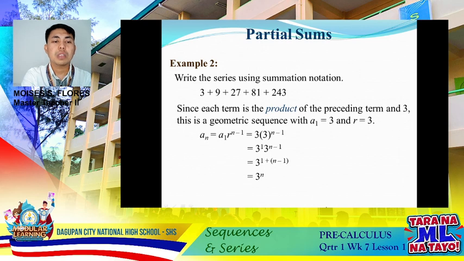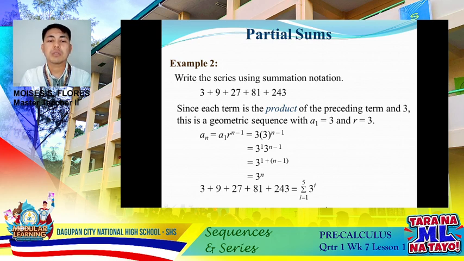So 3 plus 9 plus 27 plus 81 plus 243, the summation notation there is simply 3 to the n. Again, we are going to replace n with i. So the summation of 3 to the i as i goes from 1 to 5.